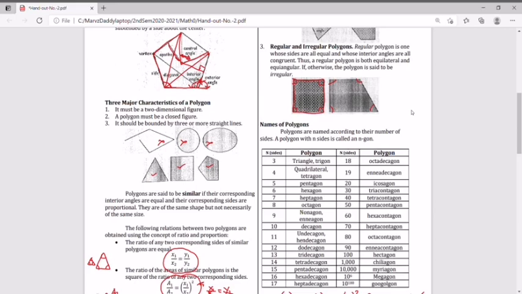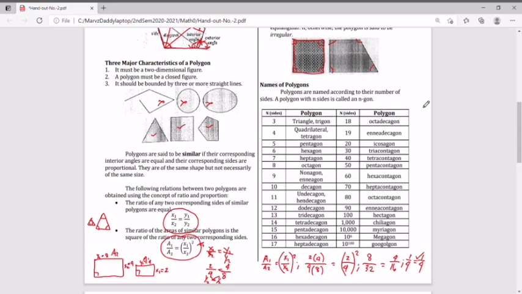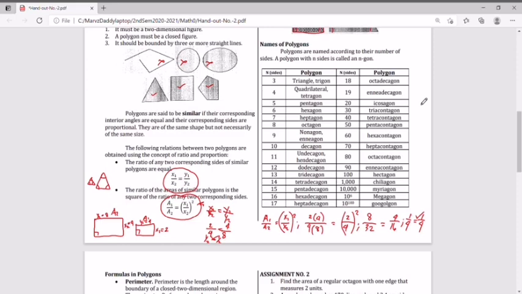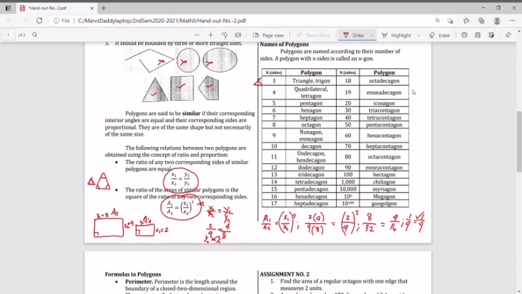So we have here the names of polygons. The polygons are named according to their number of sides. A polygon with n sides is called an n-gon. We are familiar already with the triangle, a polygon with 3 sides. This is not a polygon. I hope you'll familiarize these names.